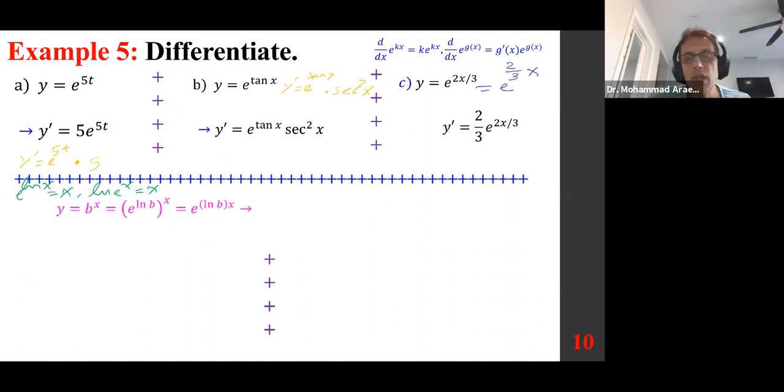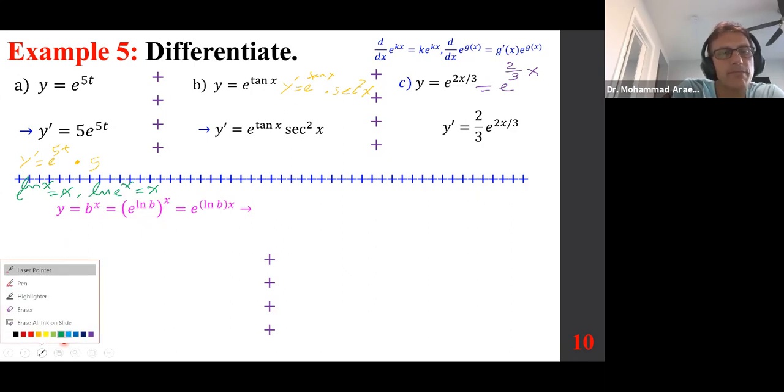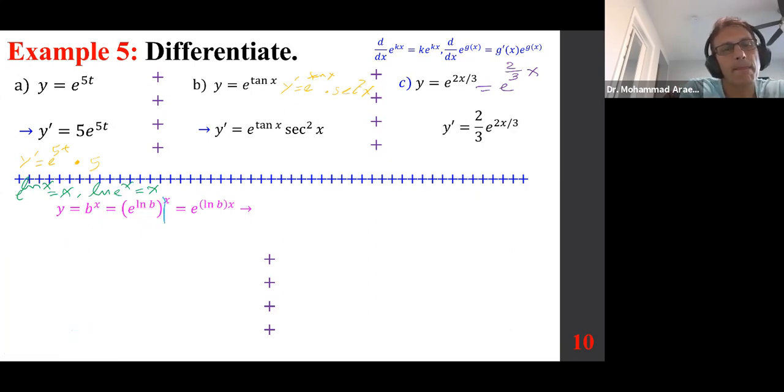Okay, everybody? So with that being the case, because we don't know what the derivative of b to the power of x is, we are going to write b as e to the power of ln b. Just look at the parentheses. This parenthesis is just b, everybody. This is the same as b, okay?